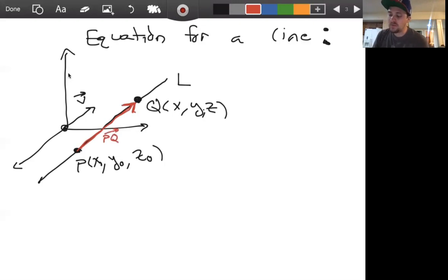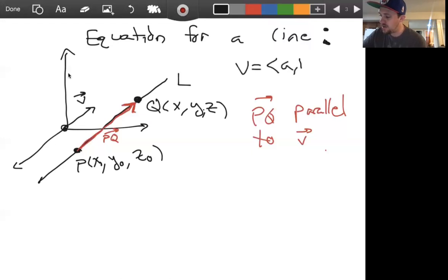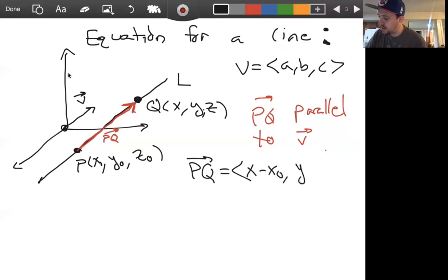These vectors PQ should be parallel to V. So if we give these things some components, let's let V be the vector a, b, c, and then PQ is going to be x minus x naught, y minus y naught, z minus z naught, by the definition of a vector between 2 points. You take the second point minus the first component-wise.